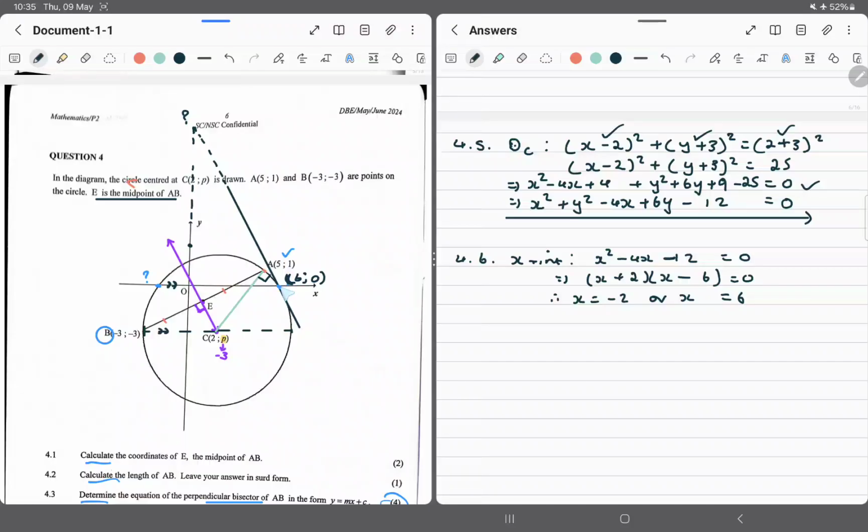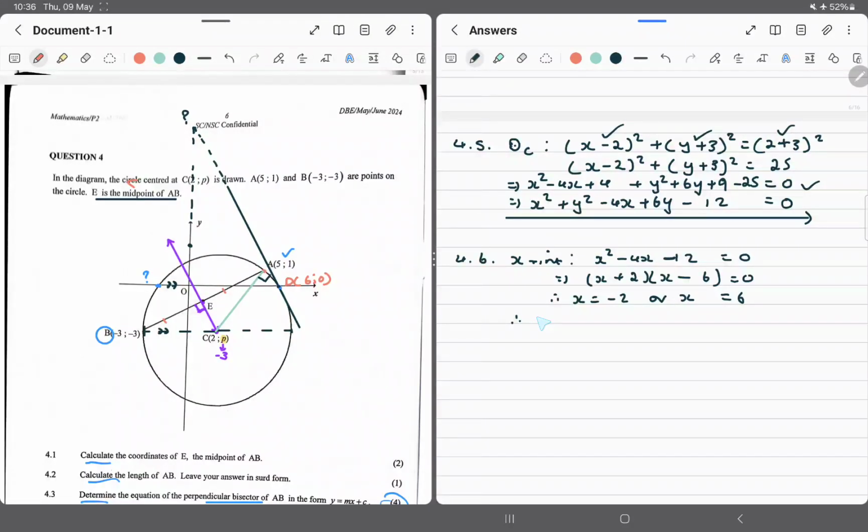That is important. So we can call that point whatever we want. So we've got A, B, C, E, O. So we can call that point D. Let's call that point D. 6 and 0. Okay, that is D.